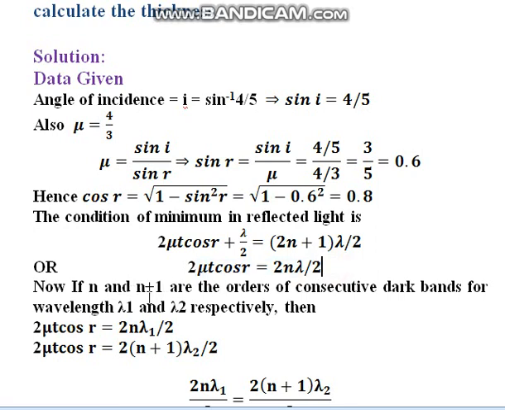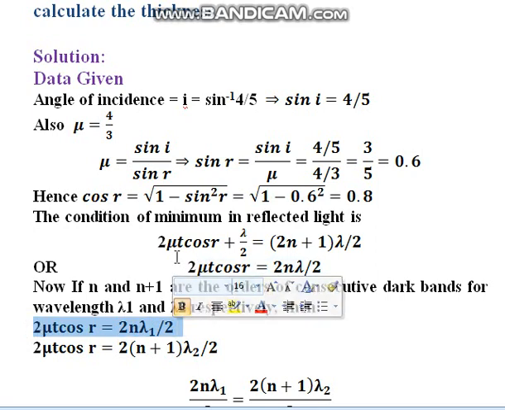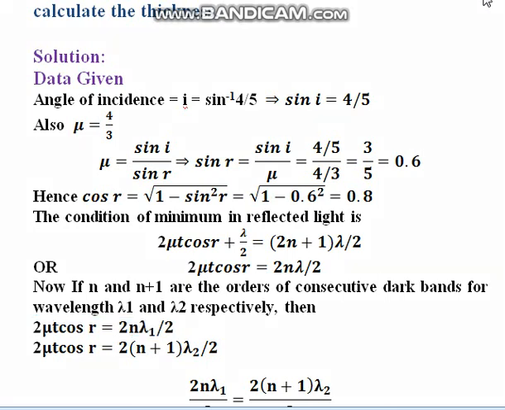Now if n and n + 1 are the orders of consecutive dark bands for the wavelengths lambda 1 and lambda 2, this is the equation written for lambda 1.